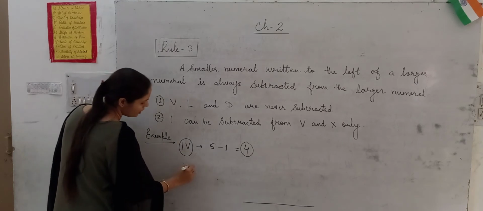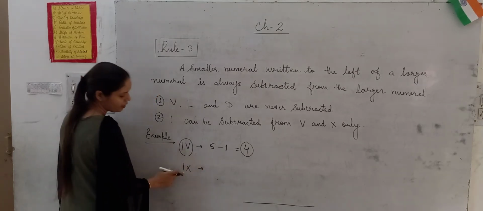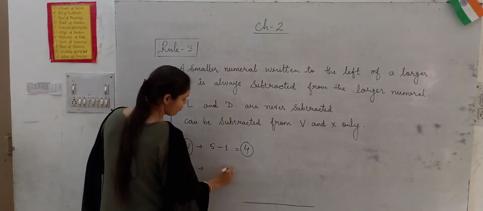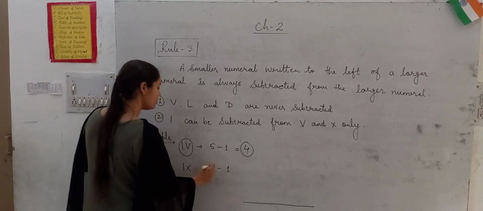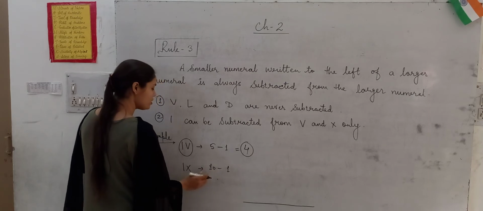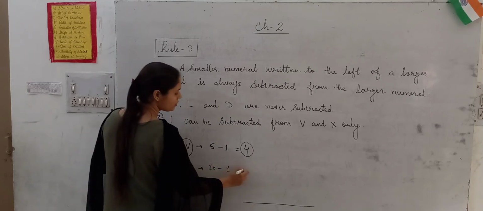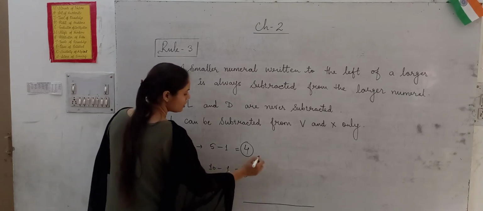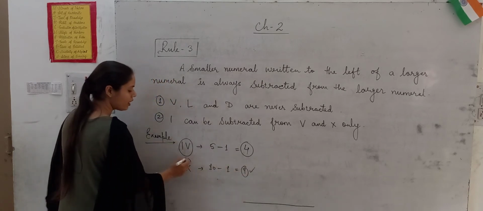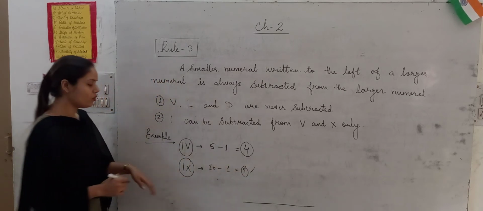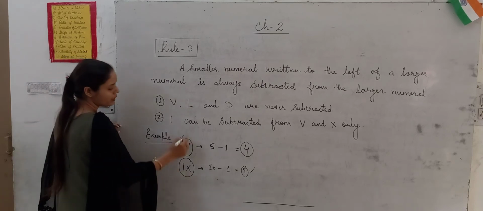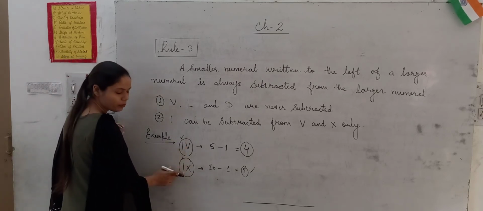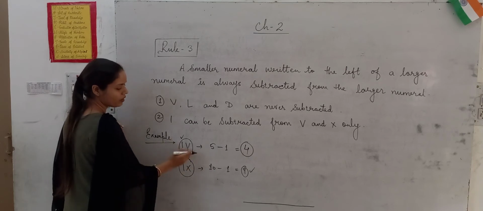Next is I and X. I means 1 and X is a larger numeral, so we will write down 10 first. 10 minus 1 makes 9. This is Hindu Arabic numeral 9 and in Roman numerals we will write 9 as I and X. In both examples we can see that a smaller numeral is written to the left of the larger numeral.